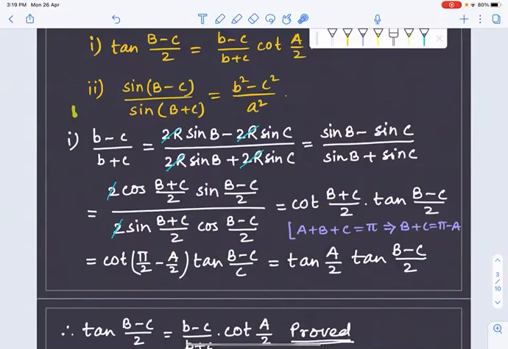If I look at question number 2, I have trigonometric angle ratios in the left hand side, whereas the right hand side is only sides. These are only sides.